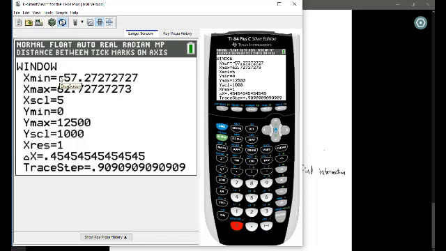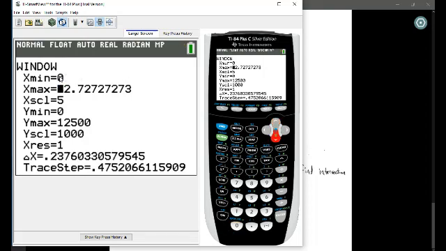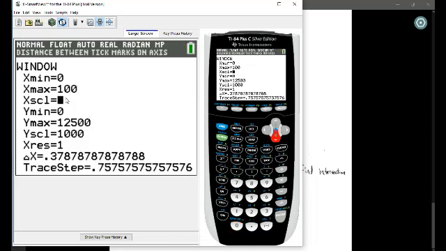And then X min, we're not interested in negative prices, paying people to take the goods, so 0. And we didn't see the curve come down on the other side, so maybe we can expand this out to 100. Since it was at 60, let's get it to 100, then we can use our powers of 10 trick. And make this here a 10.